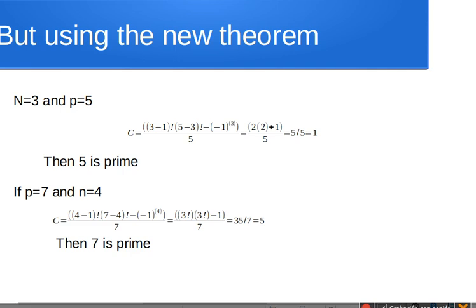But using the new theorem, for the case of P equals 5 and N equal 3, we can calculate that C is an integer, then 5 is prime. If you use P equal 7 and N equal 4, the value of C is 5, and then 7 will be prime.